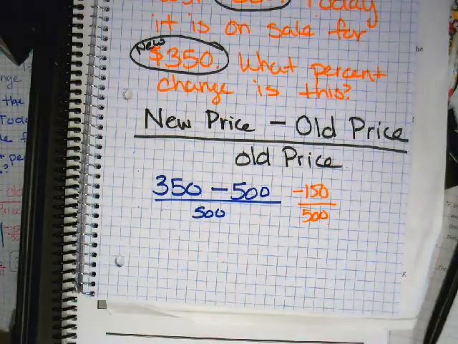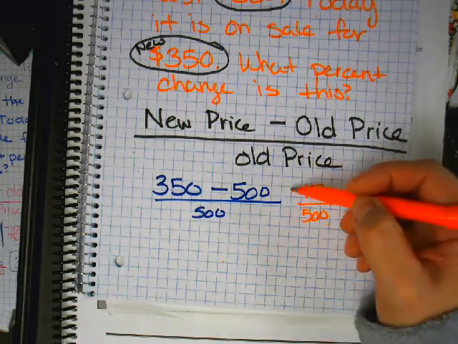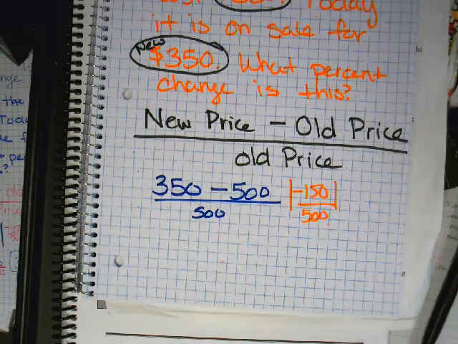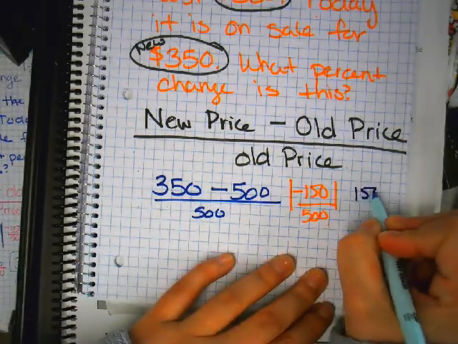That negative, you can kind of ignore it. That negative just means that the price went down. Okay? So if you have a negative answer, that just means that the price went down. Okay? Technically, we take the absolute value of it, but, you know, for once in your life, you can just ignore the negative. Okay? So, we have 150 divided by 500.